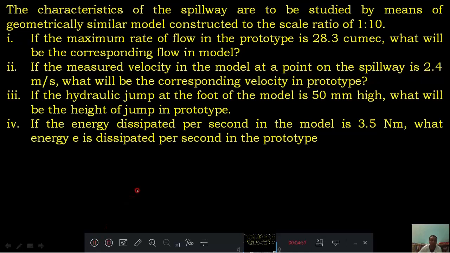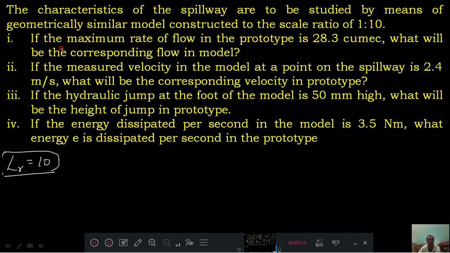The problem looks big, but there won't be anything inside. Don't worry. Characteristics of the spillway are to be studied by means of a geometrically similar model constructed in the ratio of this. I will directly write LR equal to 10. Don't ask me why.